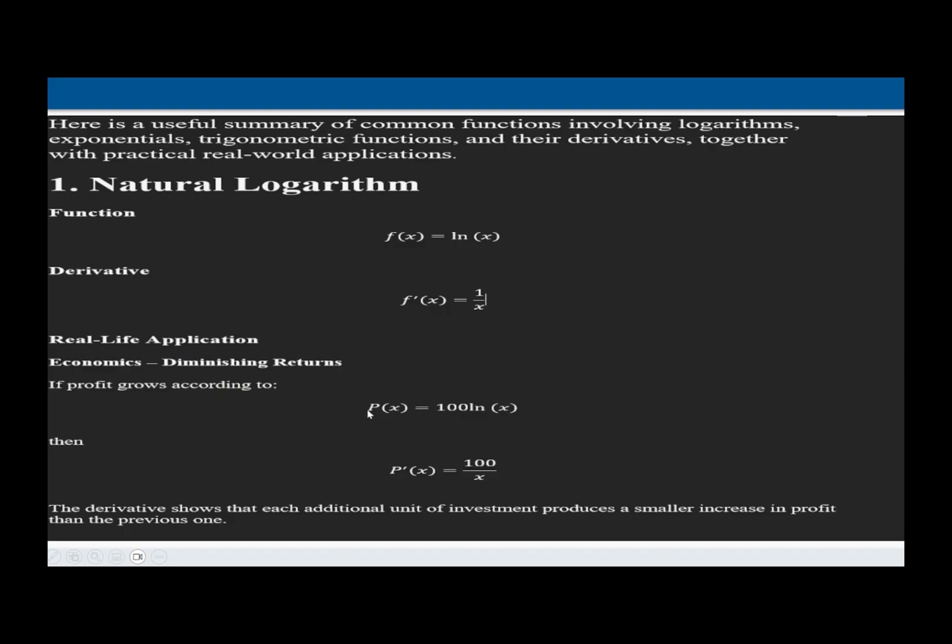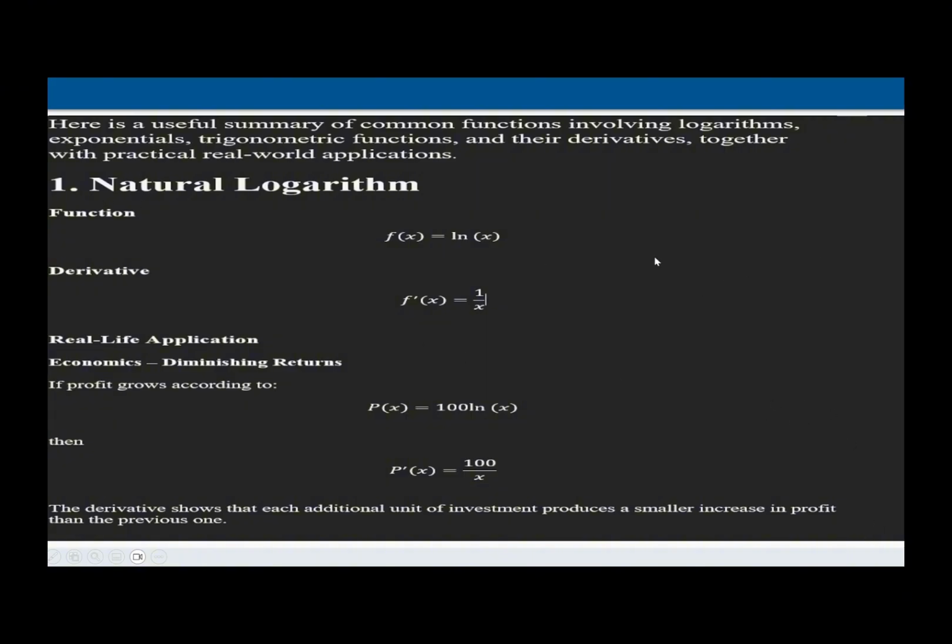If profit grows according to this sort of function, then you get a derivative that says 100 over x. So the rate of change is 100 over x. The derivative shows that each additional unit of investment produces a smaller increase in profit than the previous one, because when x increases, the rate increases slower.